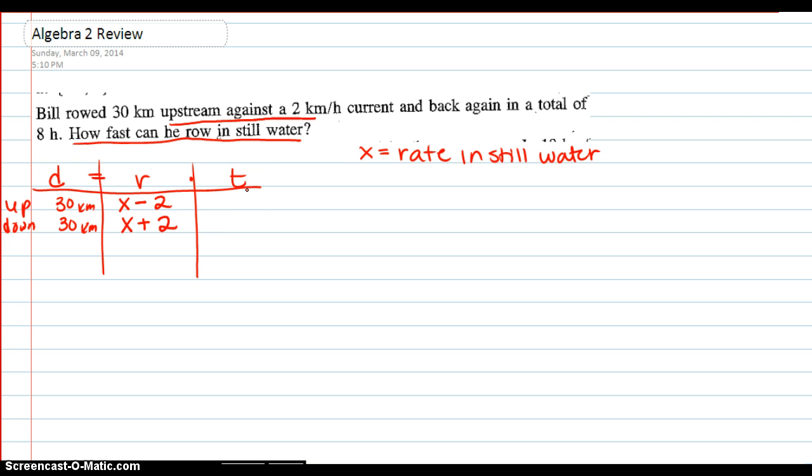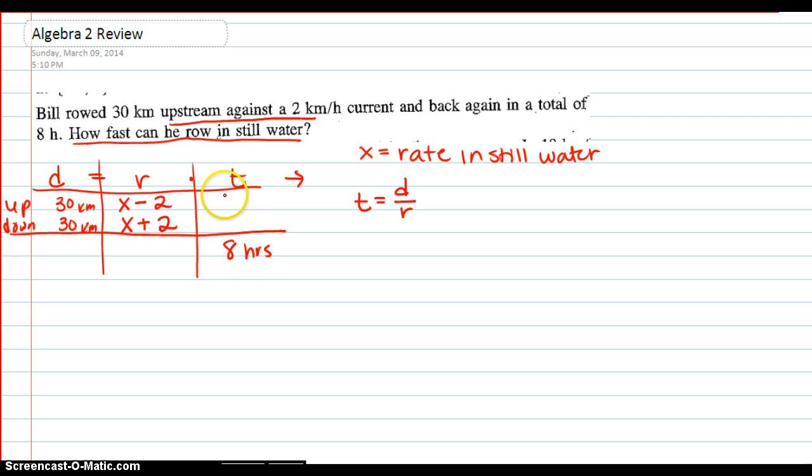So remember that when we were talking about how to solve for time, we can manipulate this equation and say time would equal the distance over the rate. And we know that total time up and down has to be 8 hours.